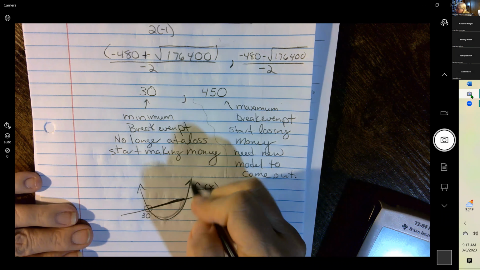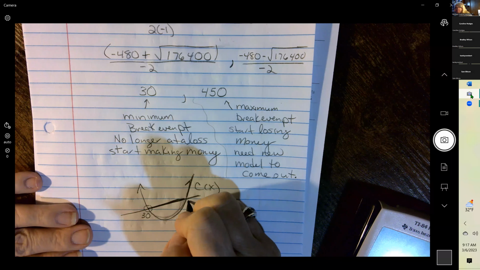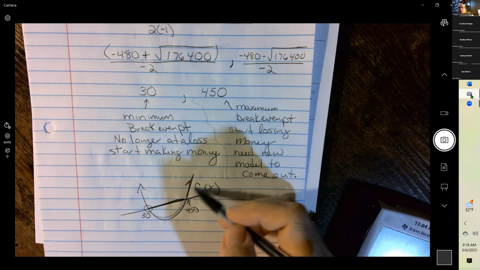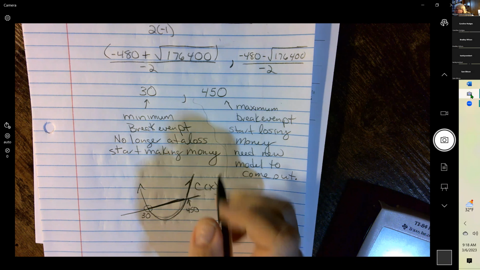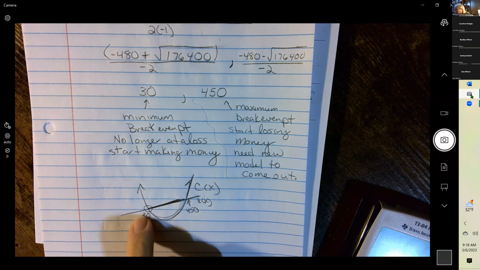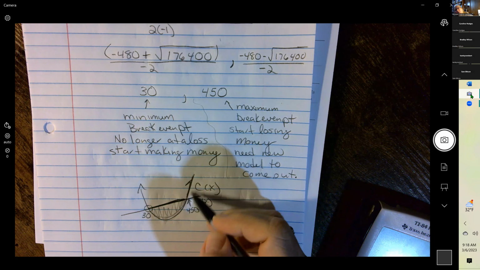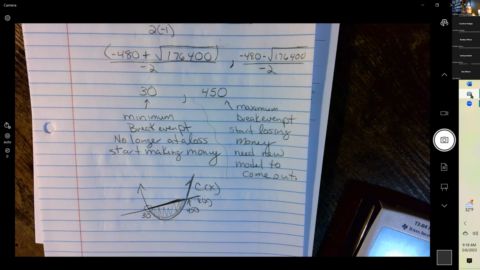But then notice here, cost goes higher than the revenue. This one, the 450, is when your cost is a lot higher than what you're making in revenue. So here's where you start making money, and in here, you're making money. And then right here is where you start losing money. You need the new version or the new model to come out.